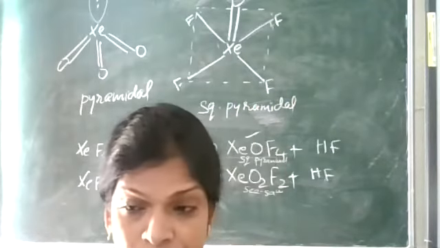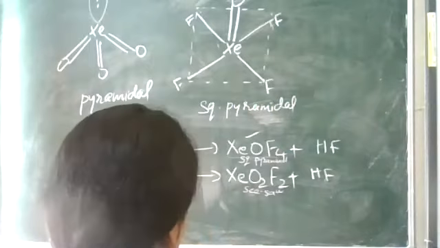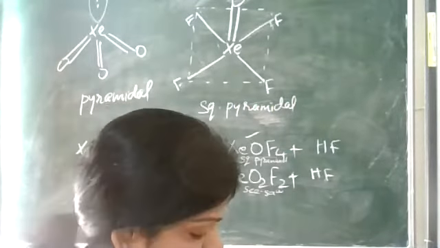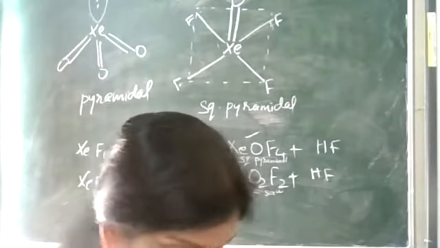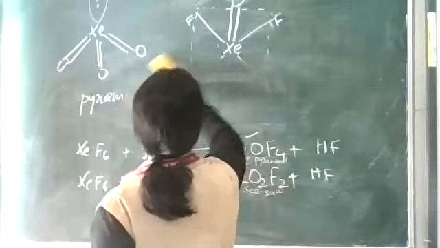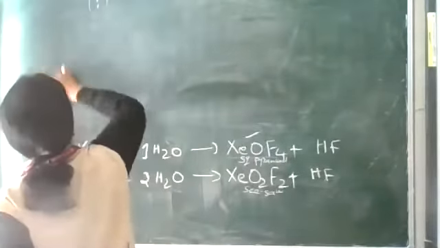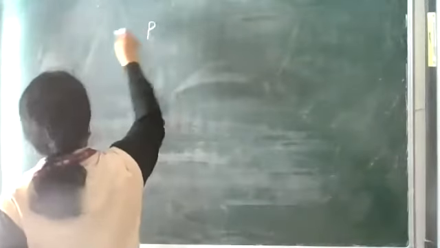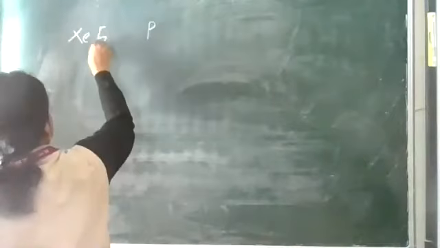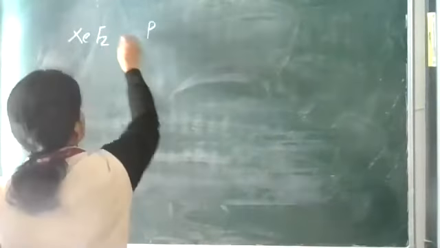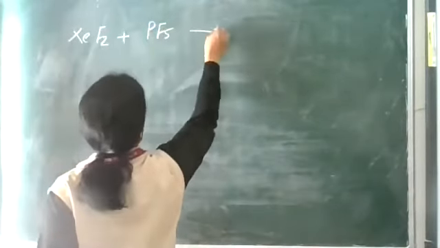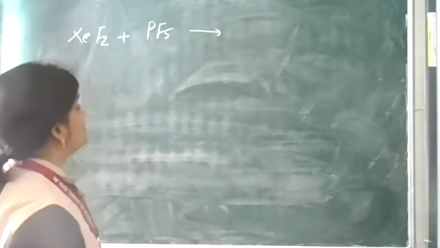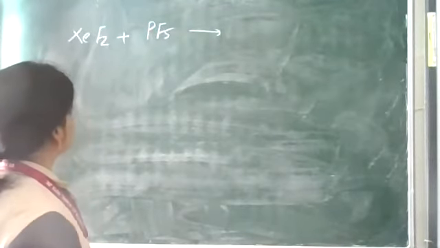Now, what are the uses of these? Before that, let us see the reactions with PF5. We are going to learn the reactions of these compounds. XeF2 plus PF5. In PF5, P has got vacant d orbitals to accept electron pairs.